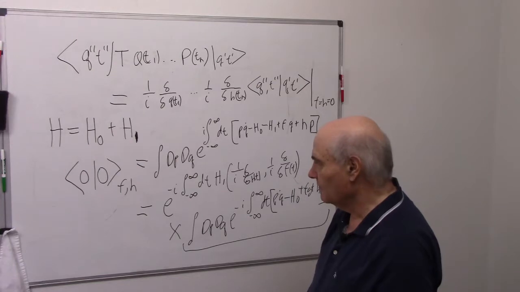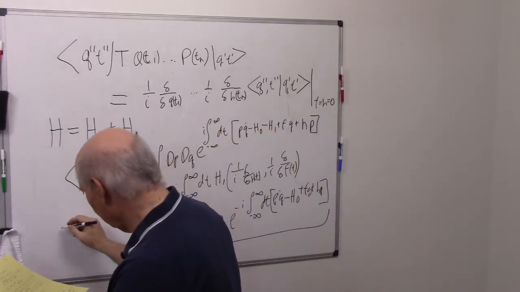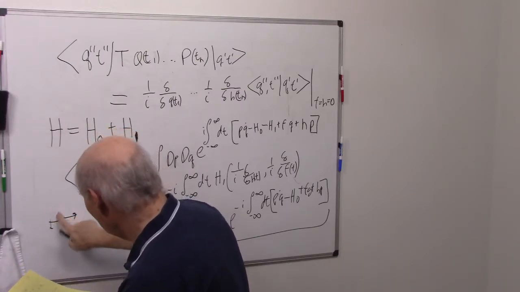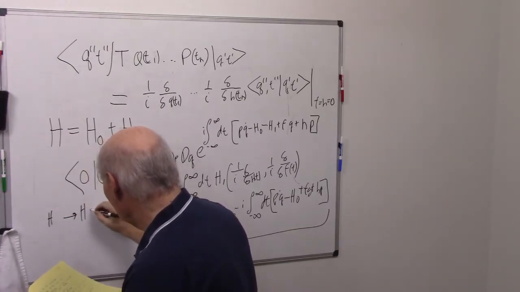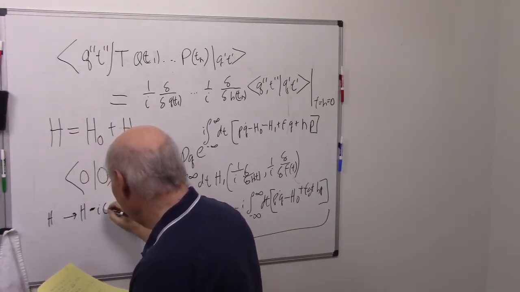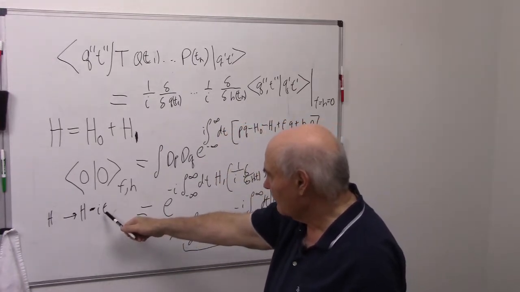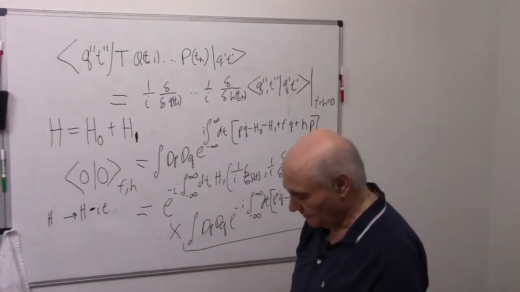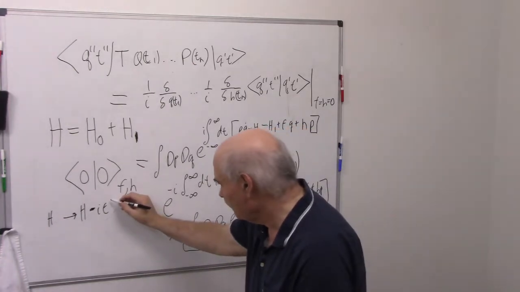You can look in the book for the argument. It's based on an H going to H minus i epsilon argument. This will end up being an exponential with a minus i and be exponentially suppressed. That's one way to think about it.